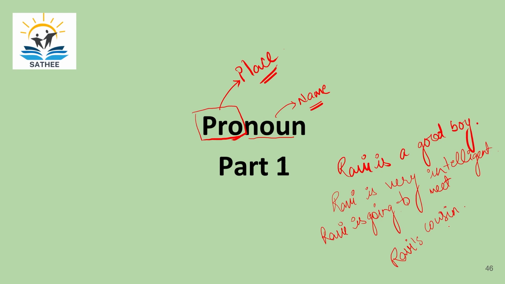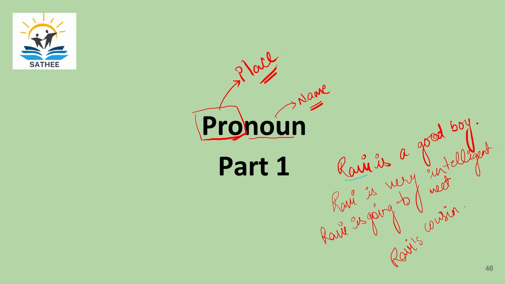it might not look good or sound good because here we have used the word Ravi many times. To overcome this repetition, we use a word that is pronoun. It means a word which can be used in place of this noun and make the sentence meaningful.